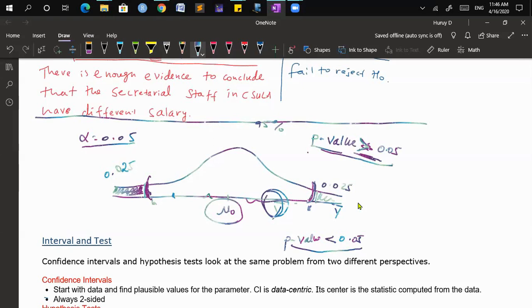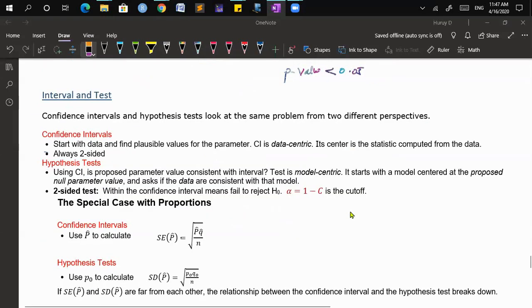Okay. Any other question? So in constructing confidence interval, both of them, this confidence interval and hypothesis testing, are two approaches or two techniques or two methods that we use to answer the same question.